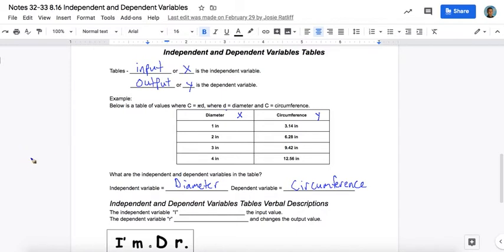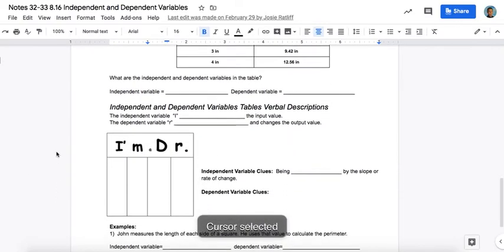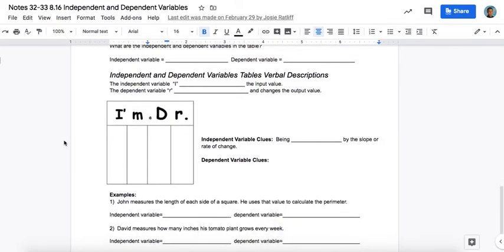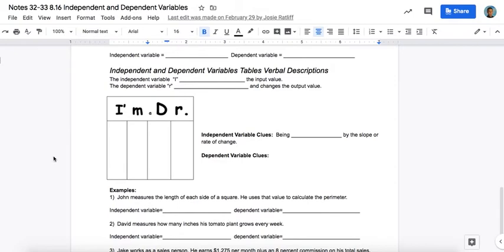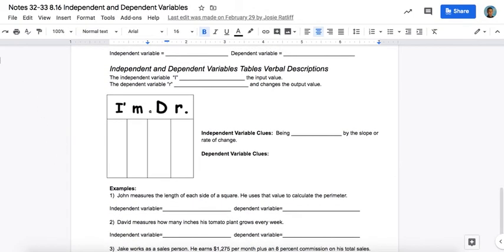Okay, now, independent and dependent variables, verbal descriptions or a practical problem. Okay, so for the independent variable, there's a phrase here called "I'm a doctor." The independent variable is what you are manipulating.